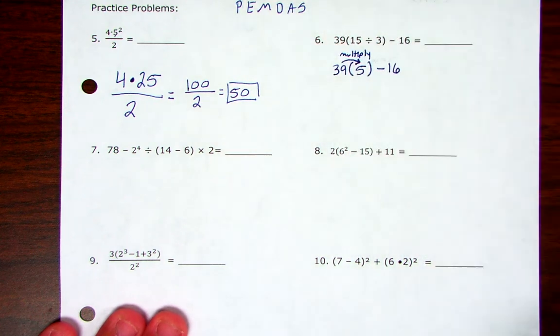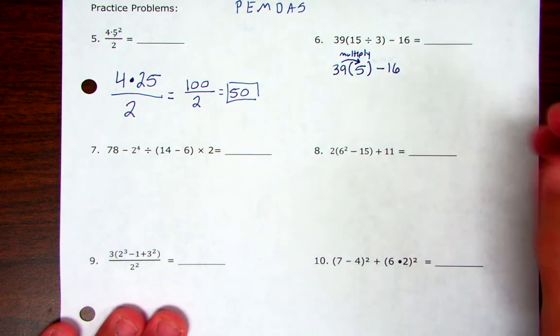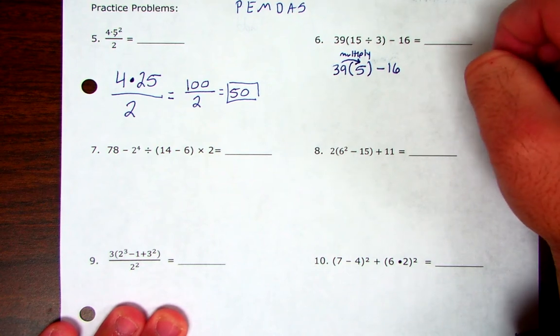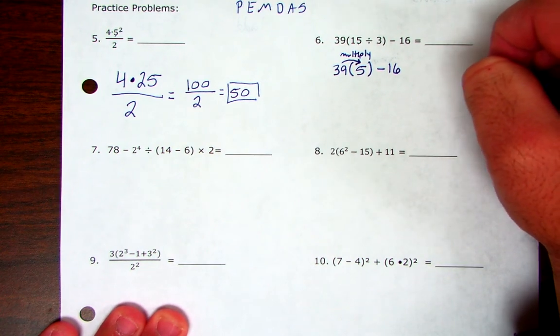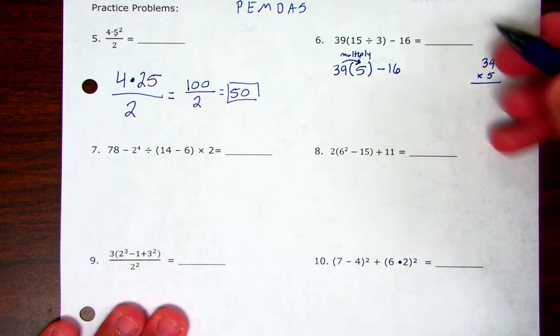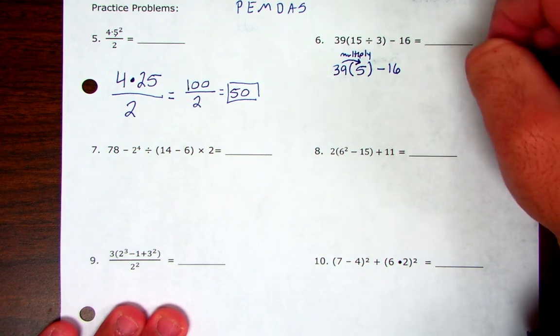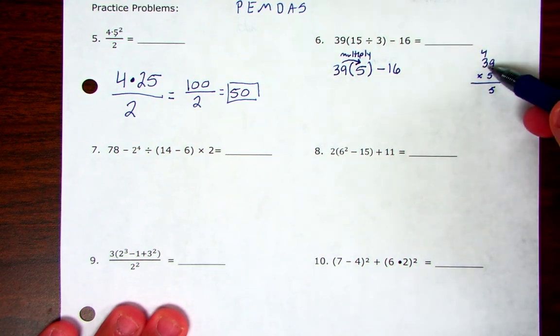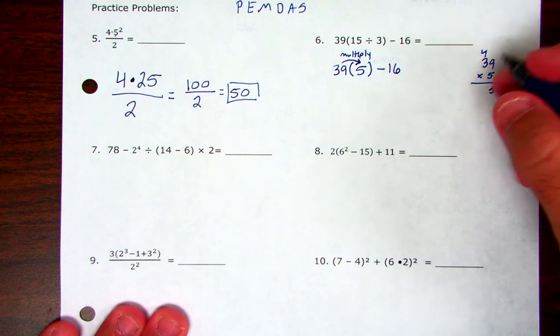So what is 39 times 5? Well, I'm going to do it off to the side here, because I don't know that one in my head right now. It's too early. 9 times 5 is 45. 5 times 3 is 15, plus 4 is 19.